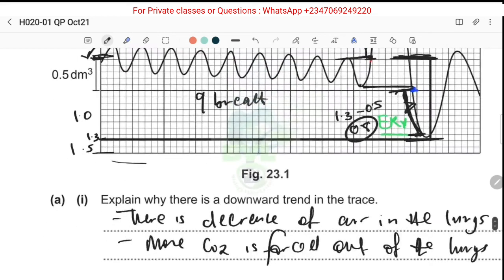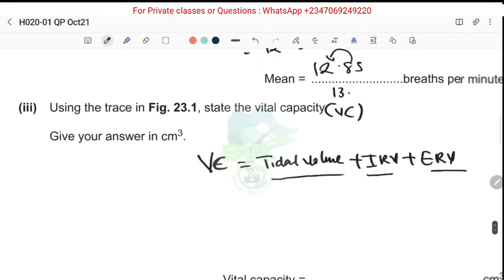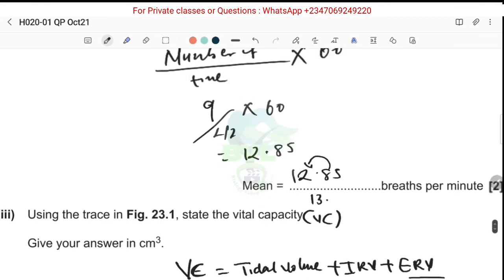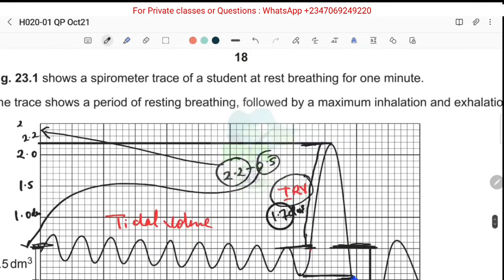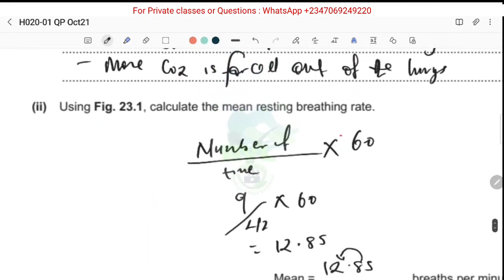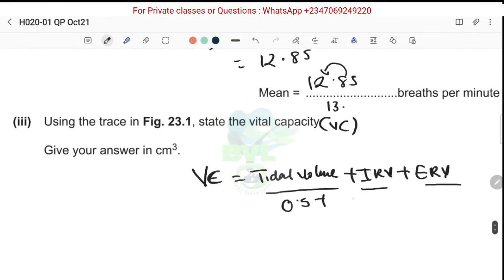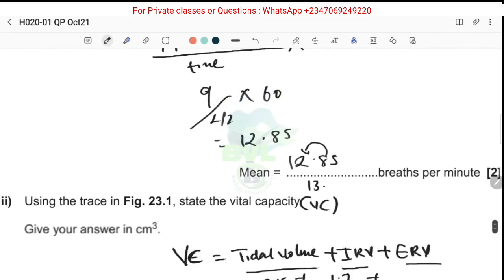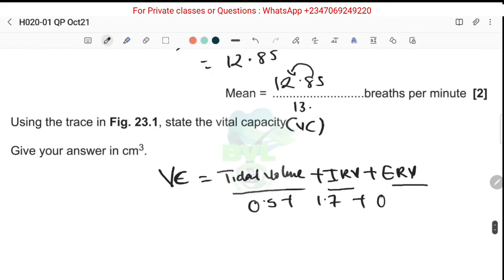So coming down here, the tidal volume is 0.5, plus inspiratory reserve volume, that's 1.7, plus expiratory reserve volume, which is 0.8, all in dm cube.